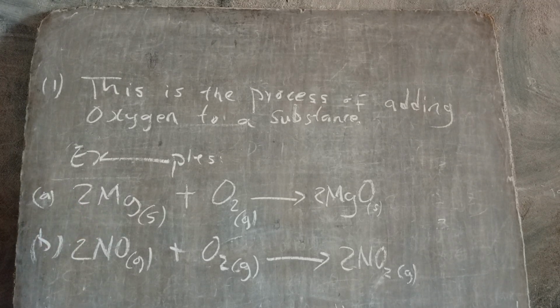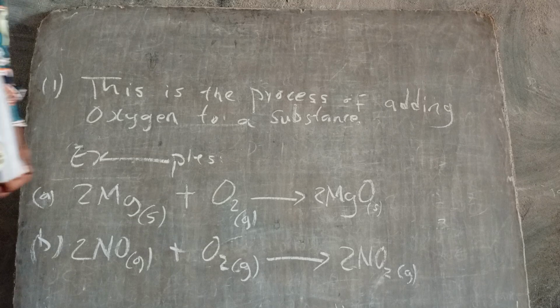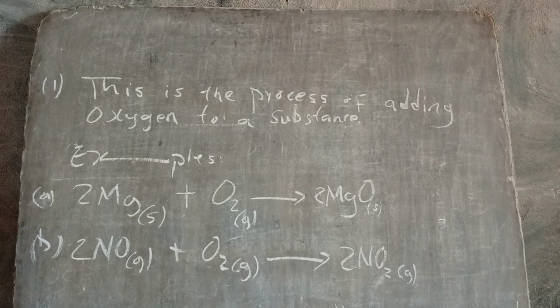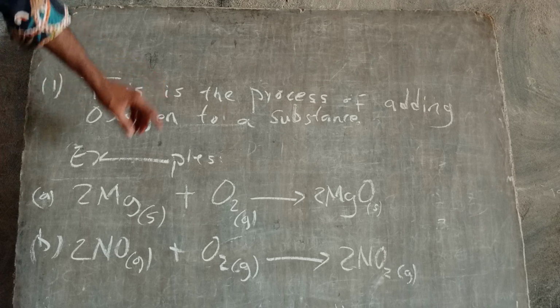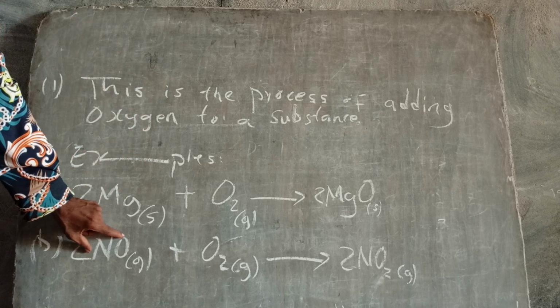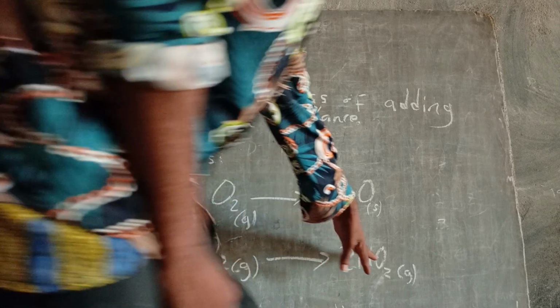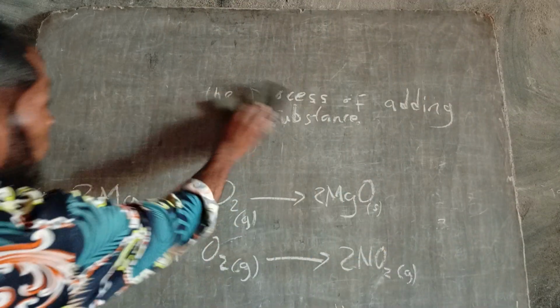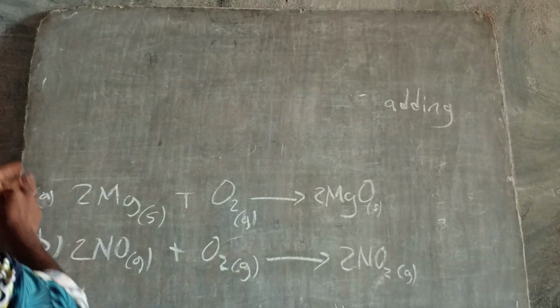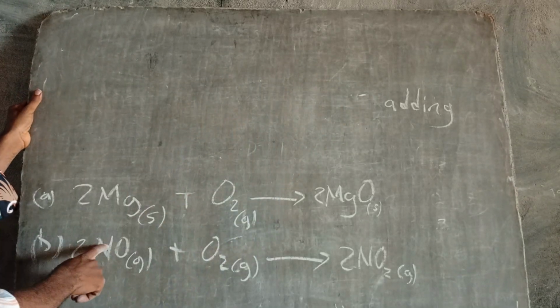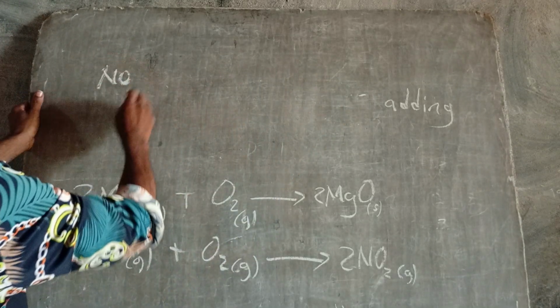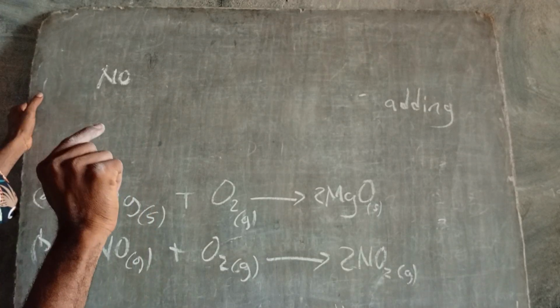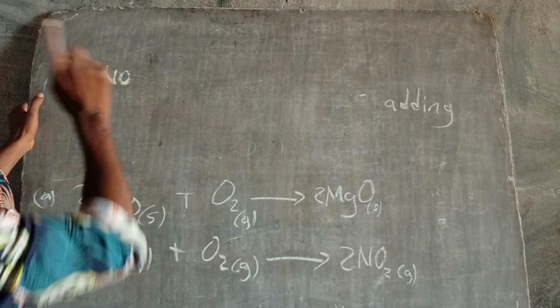Do you know how we get it to be 2? I said this is called nitrogen 2 oxide, and this is called nitrogen 4 oxide. This is as a result of this. Watch. This is NO. I want to get the oxidation number or oxidation state of this nitrogen.